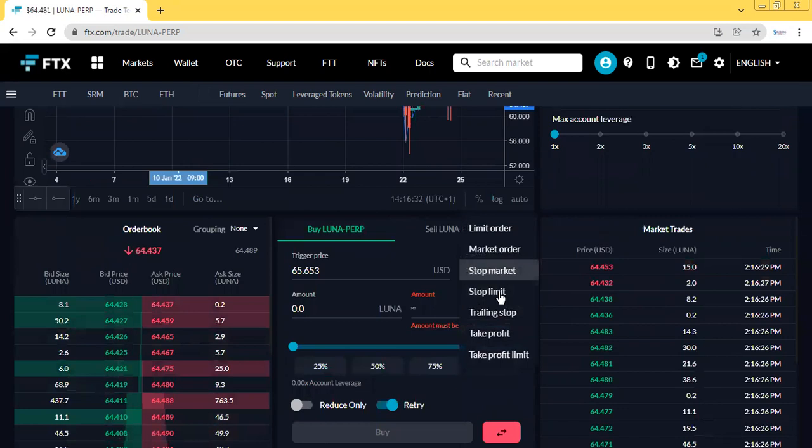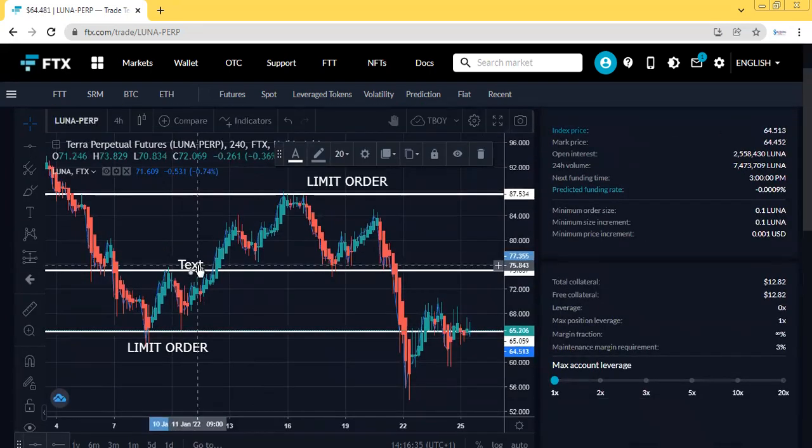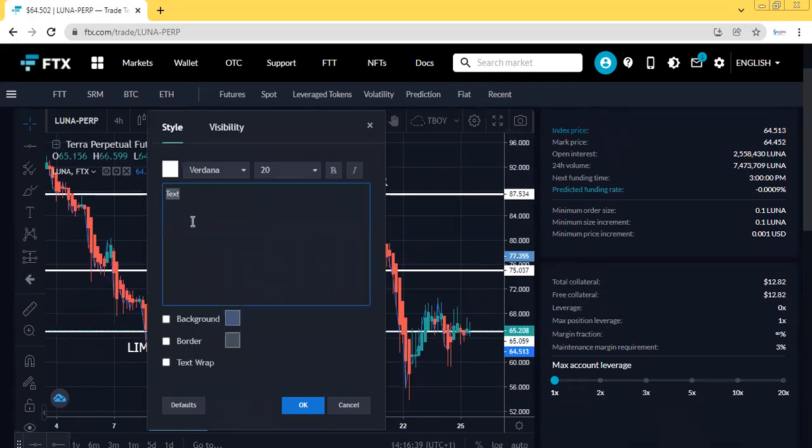Sorry, this place I'm talking about is stop limit. This place is called stop limit. We are talking about stop limit now, and after stop limit, I will talk about stop market.